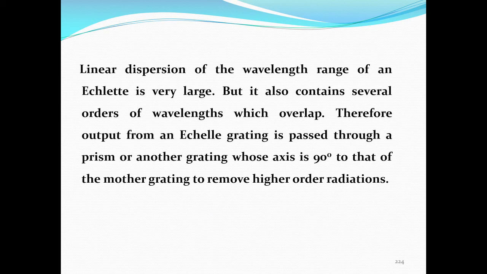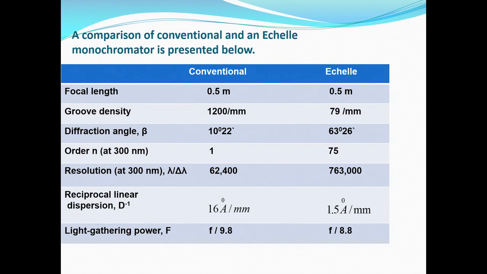It also contains several orders of wavelengths which overlap, and a comparison of the conventional and an Echelle monochromator is given here.